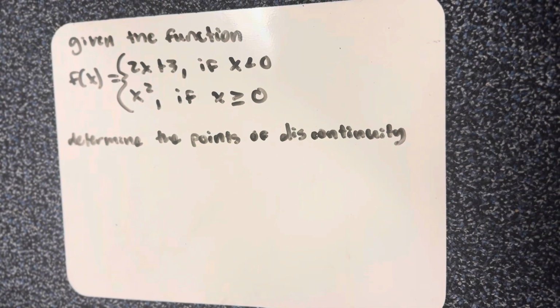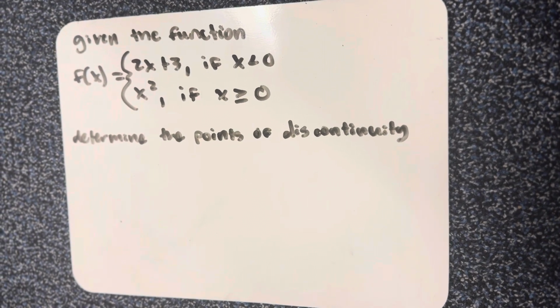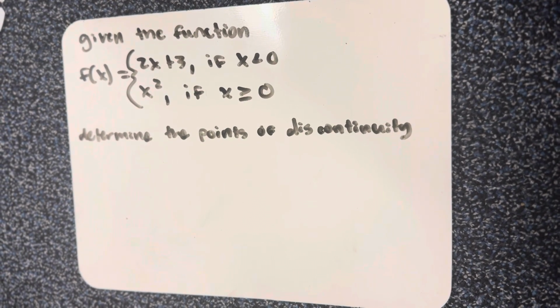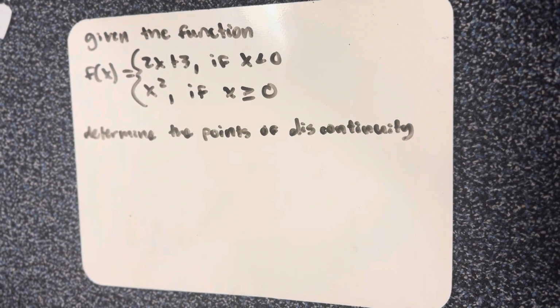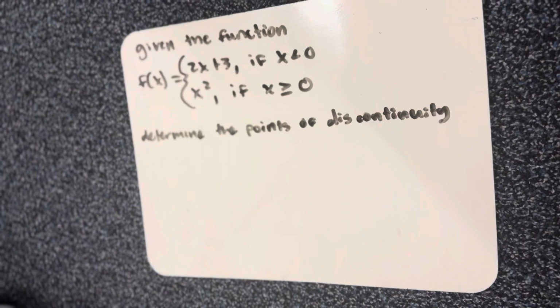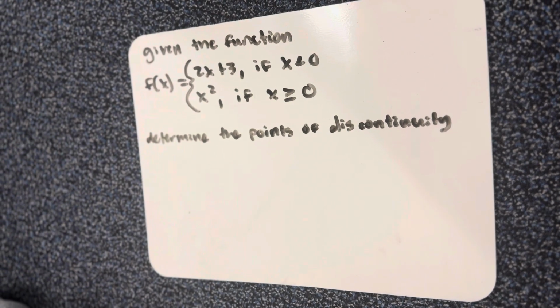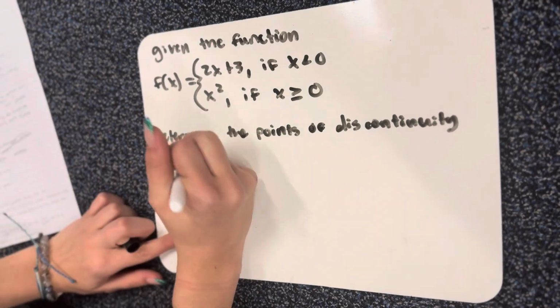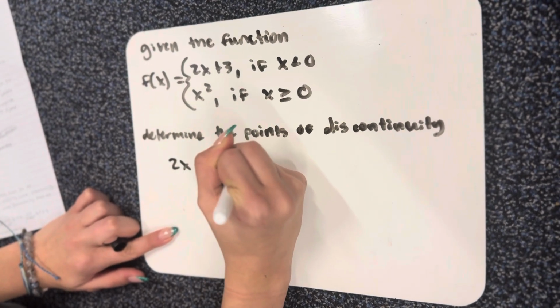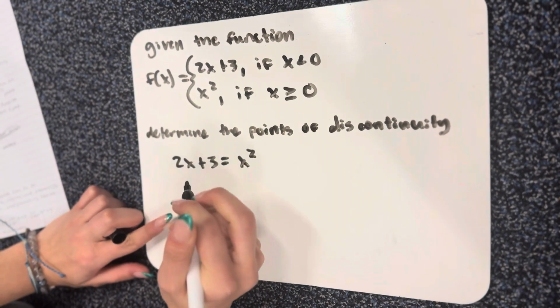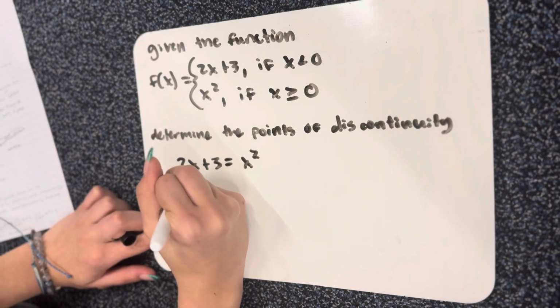For our first example, we have been given the function f of x equals 2x plus 3 if x is less than 0, and x squared if x is greater than or equal to 0. We are asked to determine the points of discontinuity. In order to do this, we need to set the functions equal to each other. Next, we are going to rearrange the function.